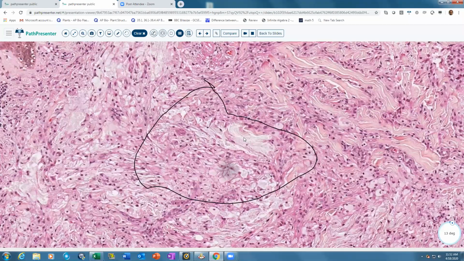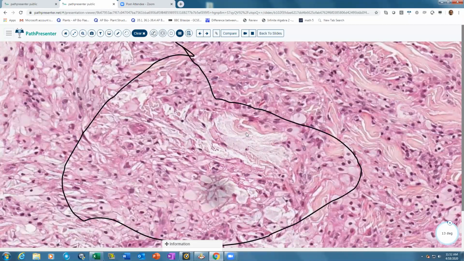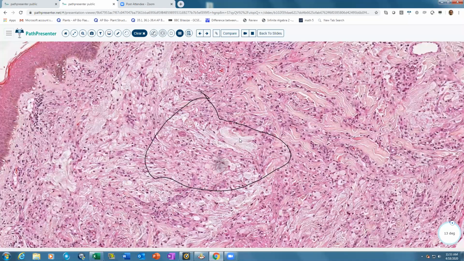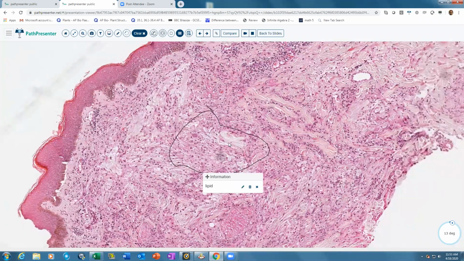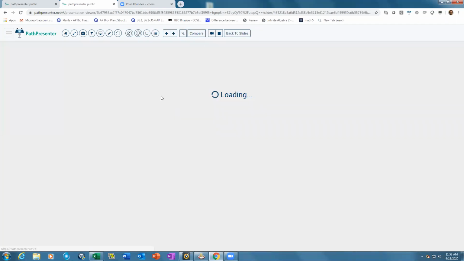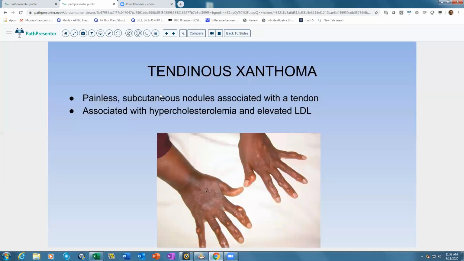So you can see this lace-like extracellular lipid foam material between the xanthomatous cells, and that is very characteristic of an eruptive xanthoma. There might be some fibrosis, but if you see this, then you can easily make the diagnosis of eruptive xanthoma. The other ones are the tuberous and the tendinous xanthomas.